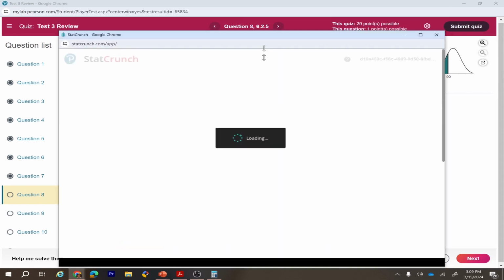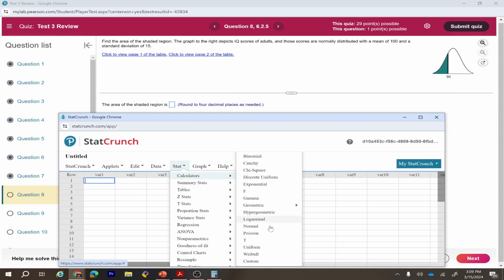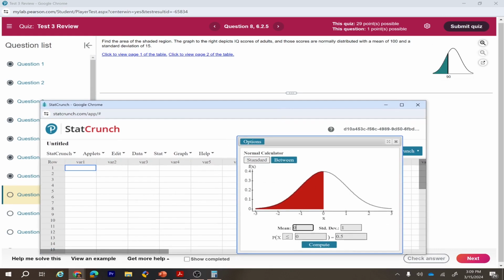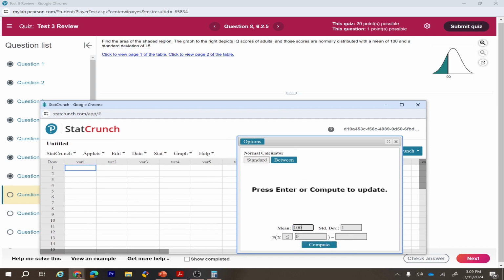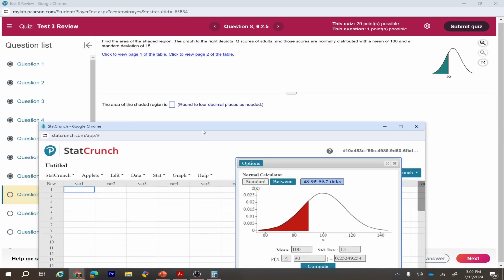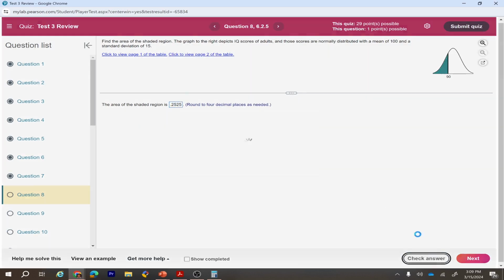Go to the very same normal calculator and plug in the value of the mean, which is 100, and the standard deviation, which is 15 in this case. We would like to find the area under the curve to the left of the 90 score. That is 0.25. If you round it to 4 decimal places, it's 0.2525.